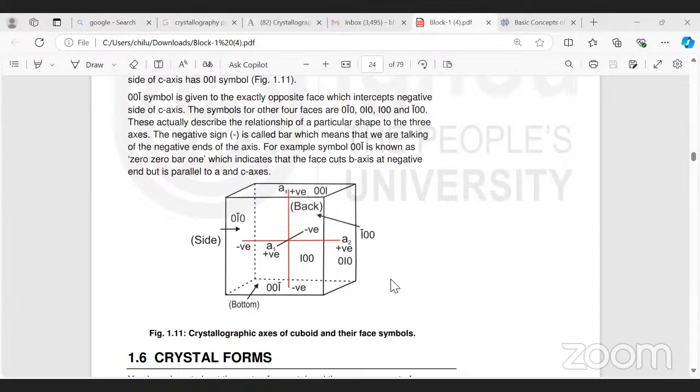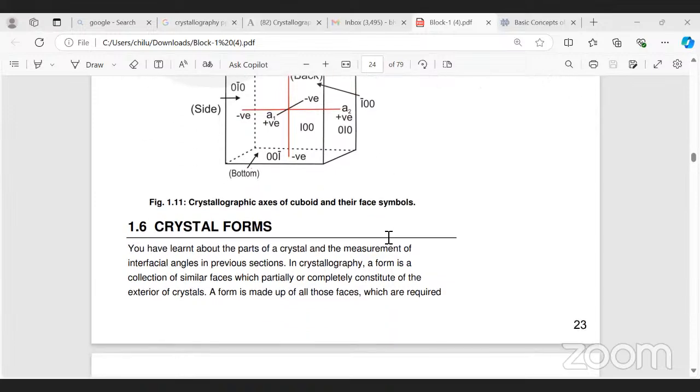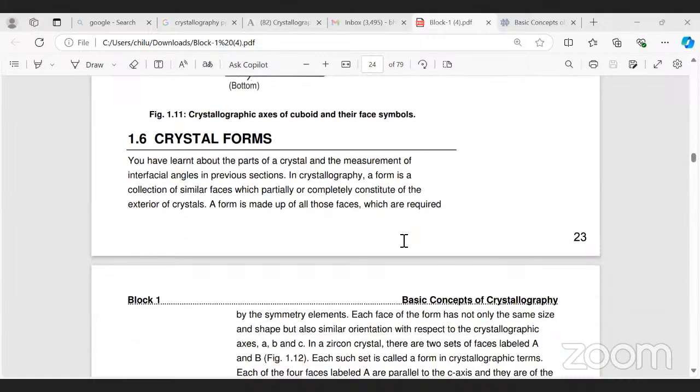According to the intersection of different axes, travelling from A to B and B to A, and A to C and C to A, we give indices in a positive and negative nature.